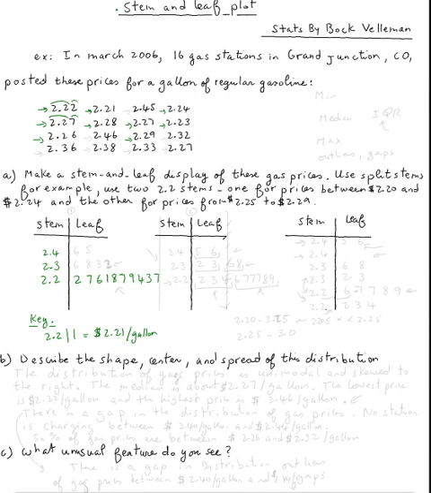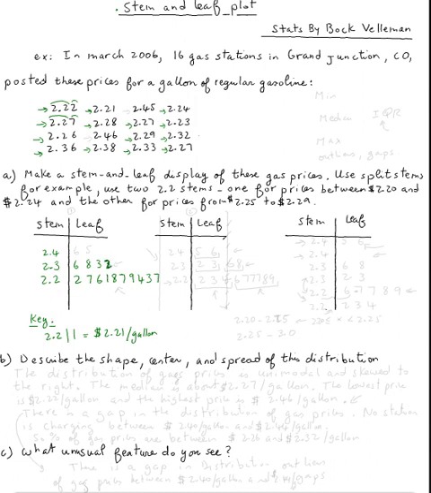Now let's go back to 2.3. First one is right here, 2.36, I put 6. The next one is 2.38, I put the 8. 2.33, I put the 3. 2.32, I put another 3. 2.32, I put a 2, sorry.